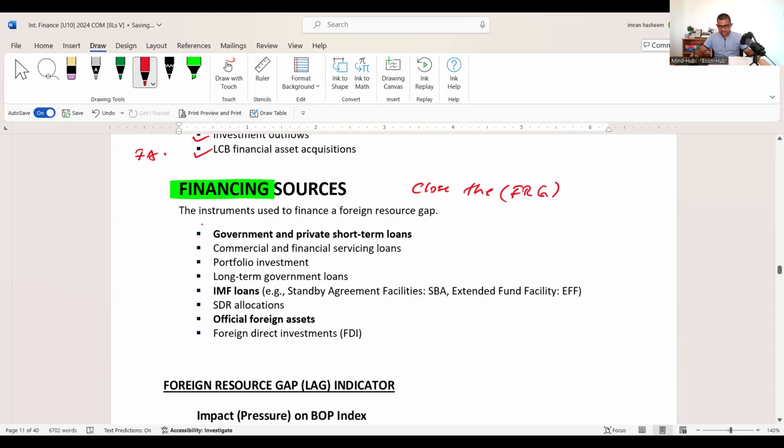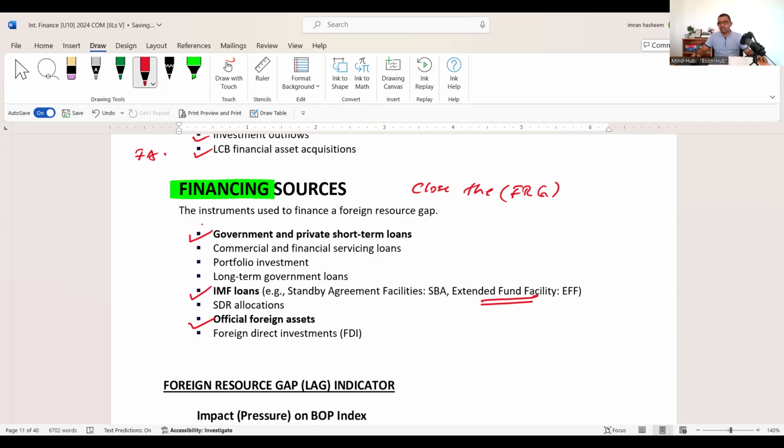But Sri Lanka does. Okay, we mainly go for government and private short-term loans. Then we depend on the IMF for different facilities. These days, we are depending on EFF, Extended Fund Facility. Then we go for official foreign assets. If we have reserves, we pump that and try to close the gap, right?